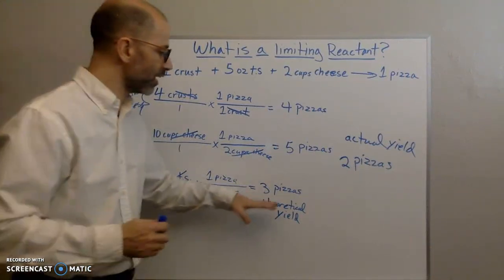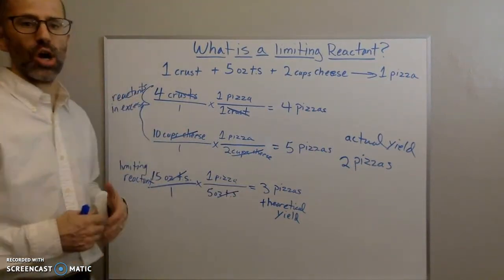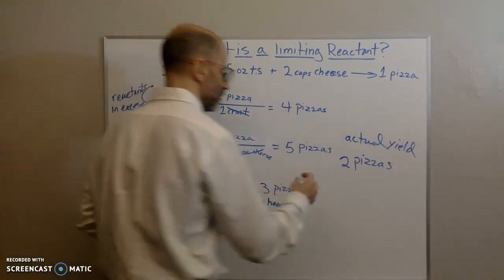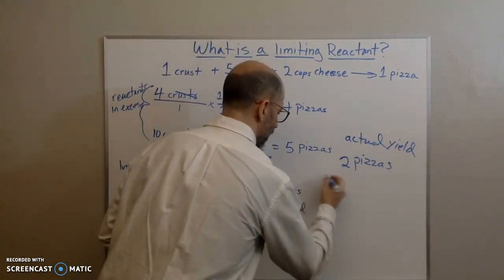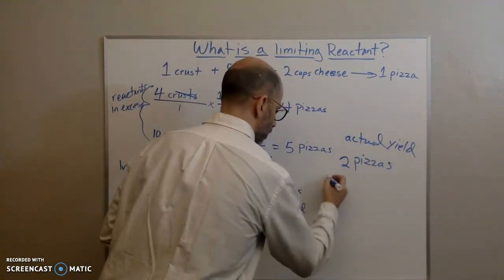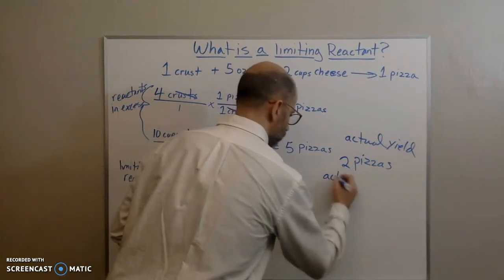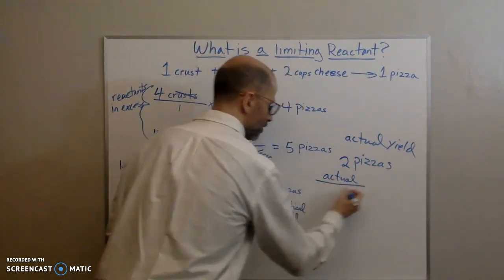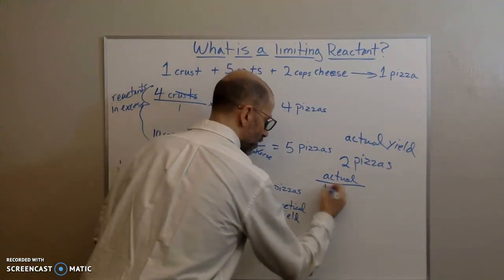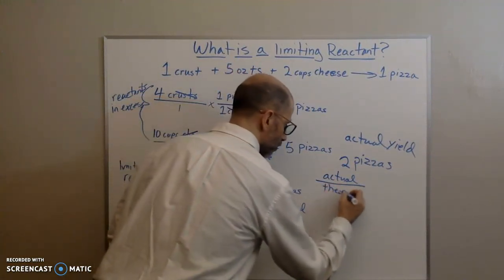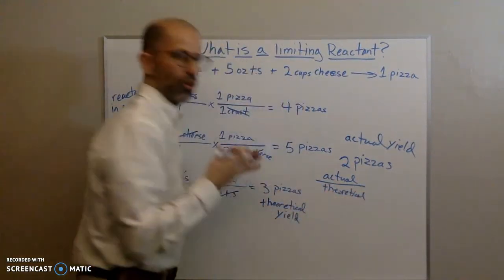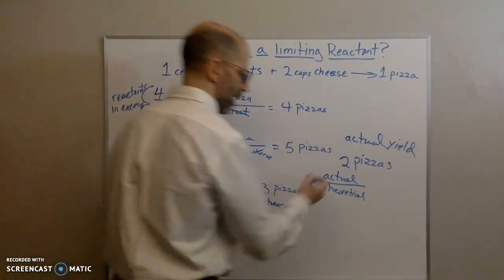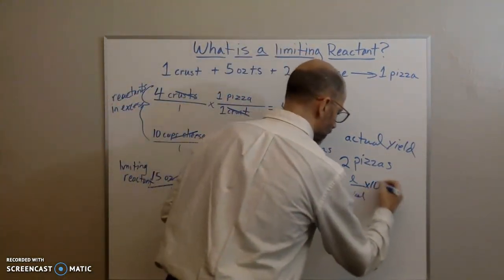Okay, so then what you can calculate is what is called the percent yield, right? The percent yield is going to be the actual amount, what you got in the lab or the kitchen, divided by the theoretical, what you theoretically calculated to be the case, and you divide those 2 and multiply by 100.